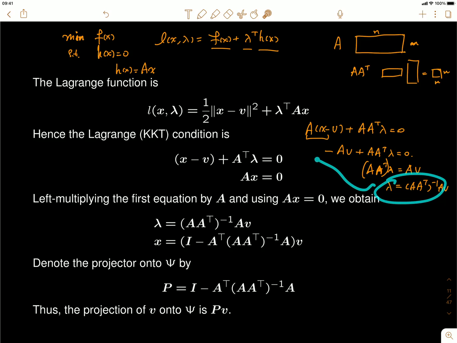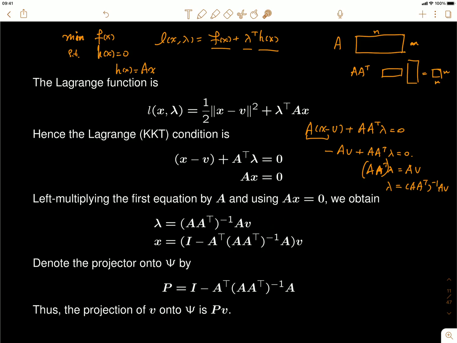We know lambda, we just put it back in here, and then we can solve for x. Right? Because remember that v is given, A is also given. So we can solve for x immediately after this lambda is solved. Okay, so let's summarize that.